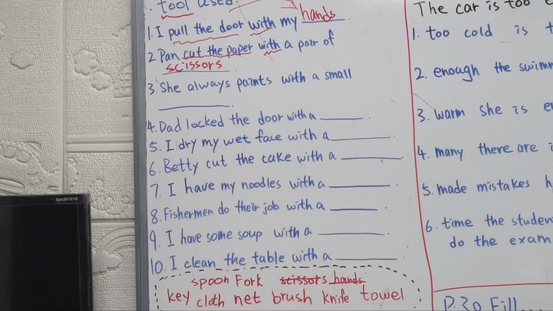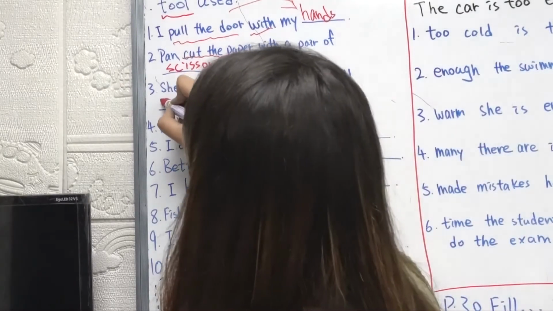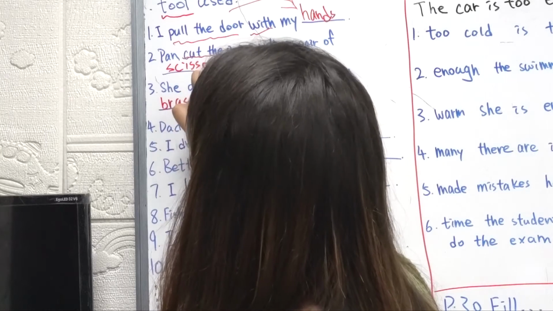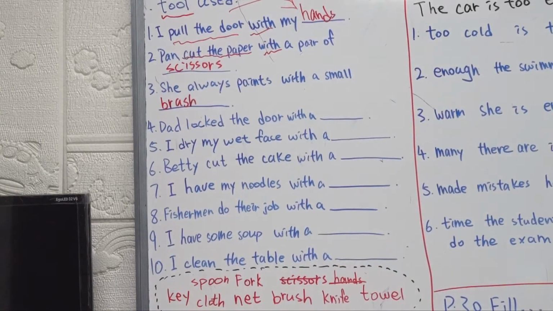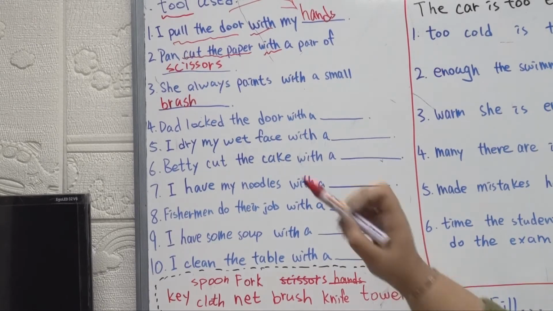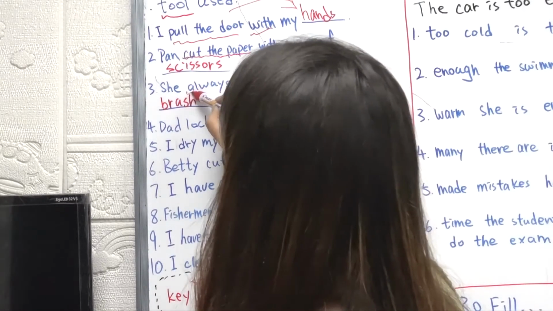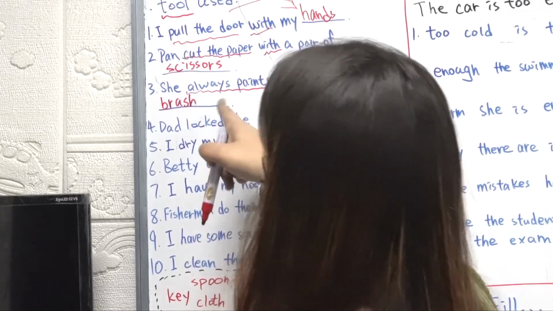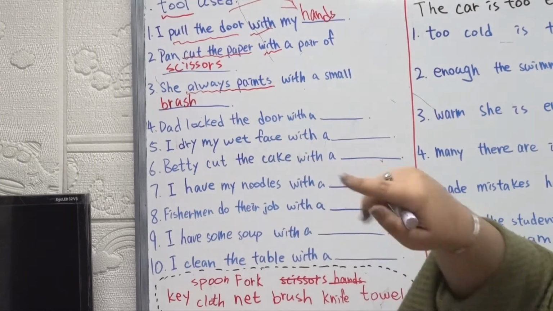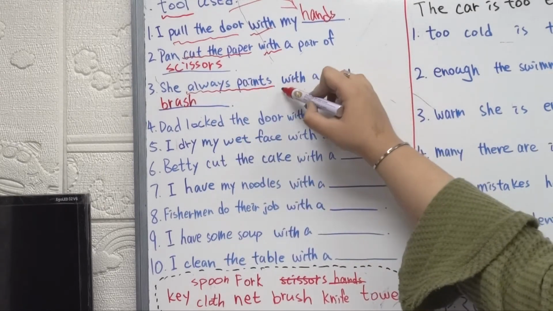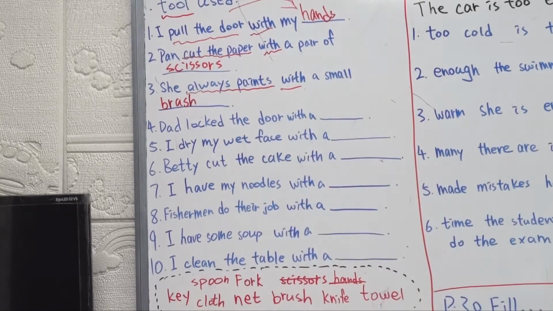With a small brush. So what does she want to do? She always paints is the thing she does, okay? So all she uses is the brush to paint, okay?